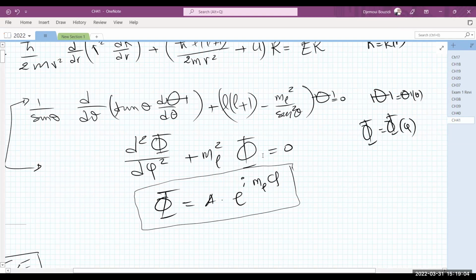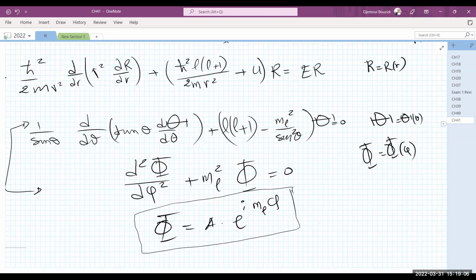I don't know, did you guys do the spherical coordinates in your math classes or not? Anybody remember?